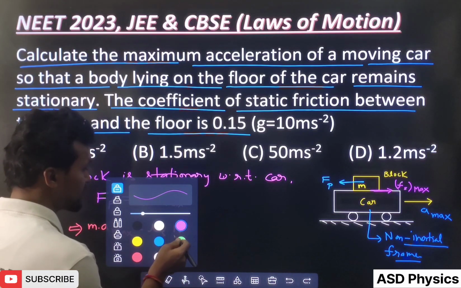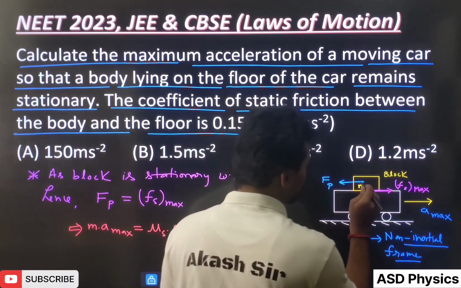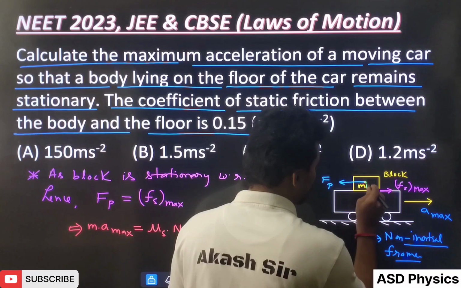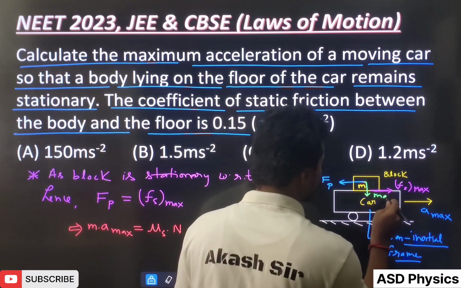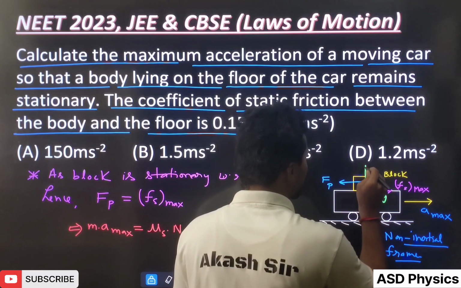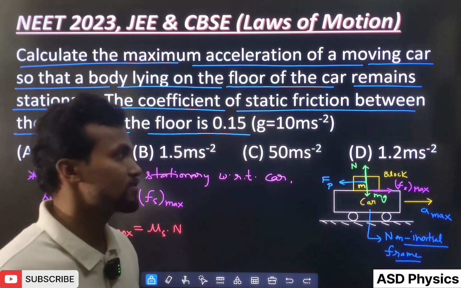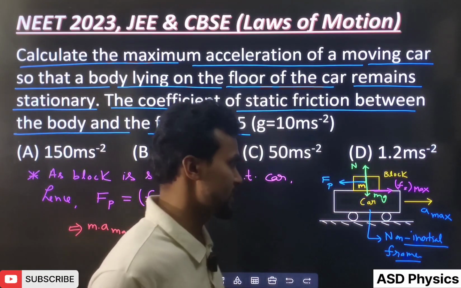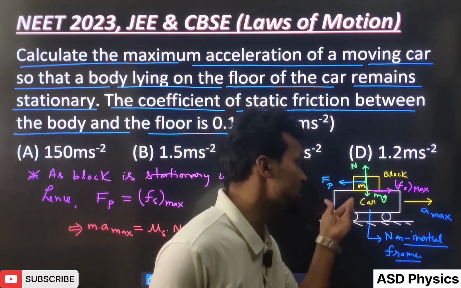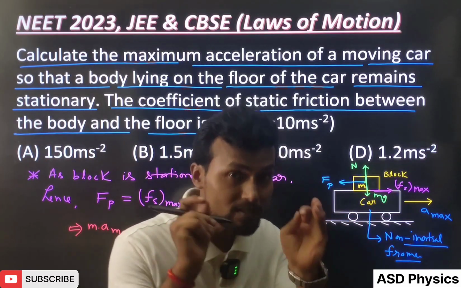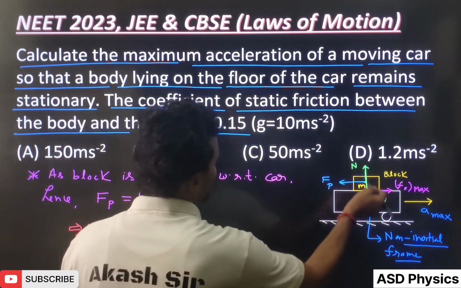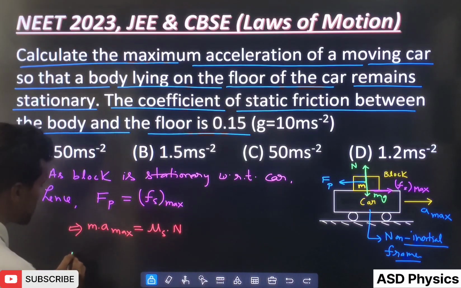This block exerts weight mg on the surface of the car, and the surface of the car exerts one force in the opposite direction of the weight of the block. That is called the normal reaction. As the block is stationary, horizontal and vertical forces are both balanced. That means this normal reaction will be mg.